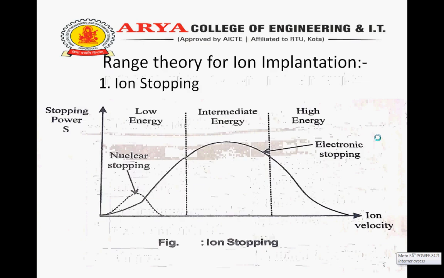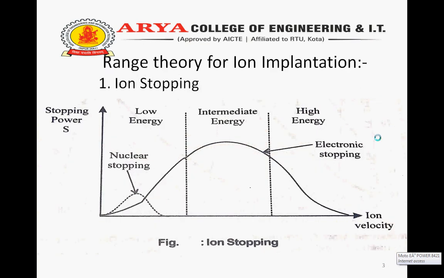Range theory for ion implantation. The range theory for ion implantation covers the range distribution, the effect of crystal lattice damage, and recoil distribution. First is ion stopping. As each implanted ion enters the target, it undergoes a series of collisions with the target atoms and finally comes to rest at some depth.